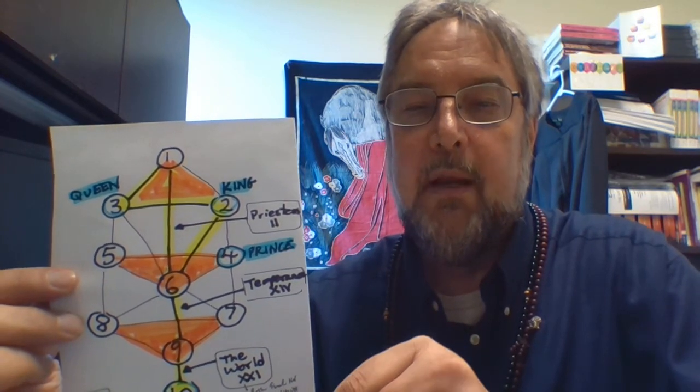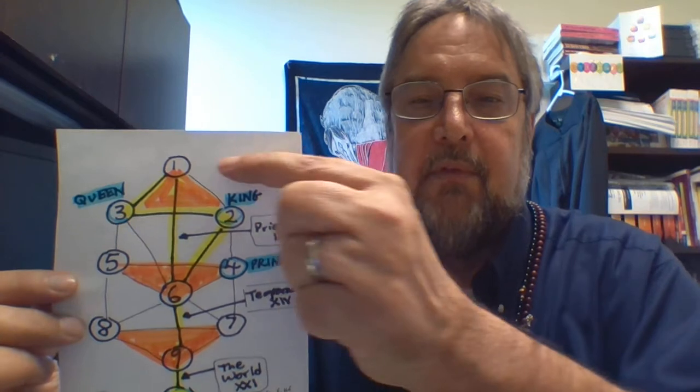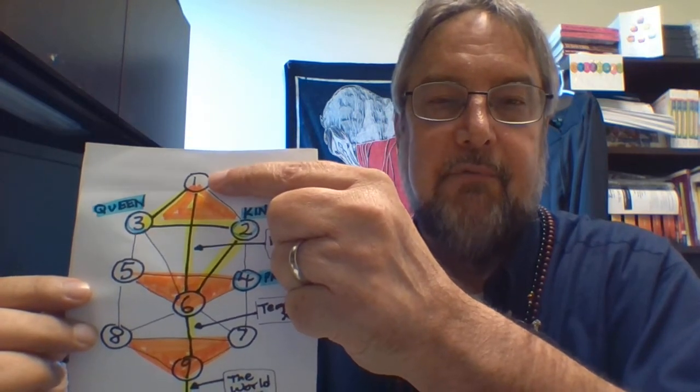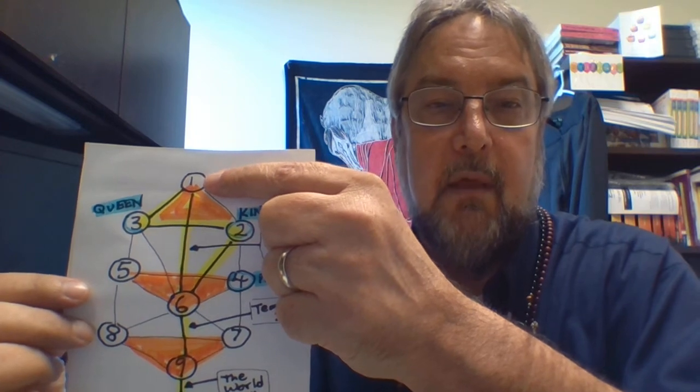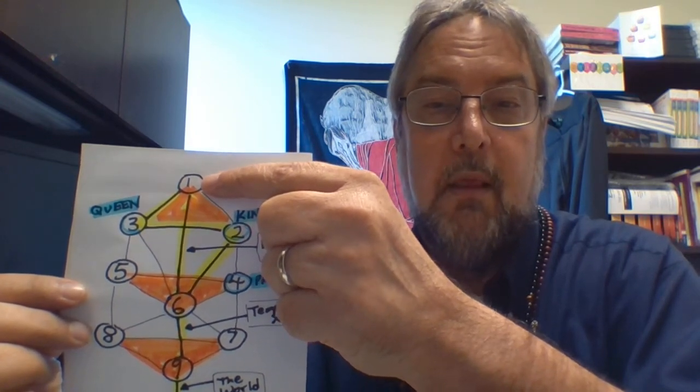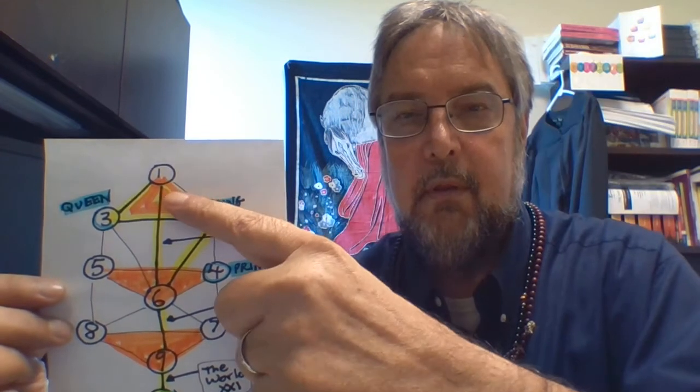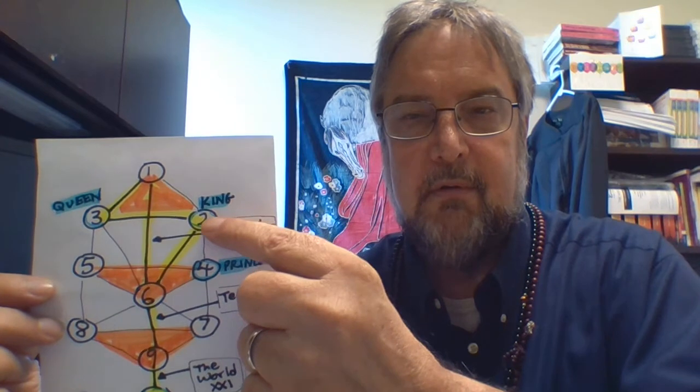So one way to think of this is that the 1 contains everything. This is the transcendent unity of the all. But when the all thinks of itself, suddenly there's a reflection, and that's the 2.